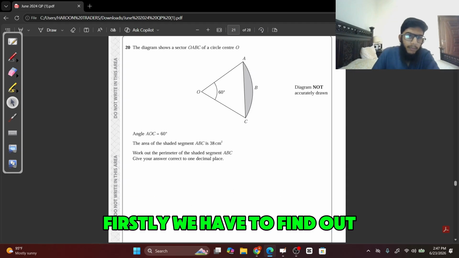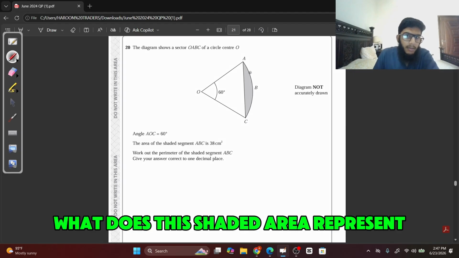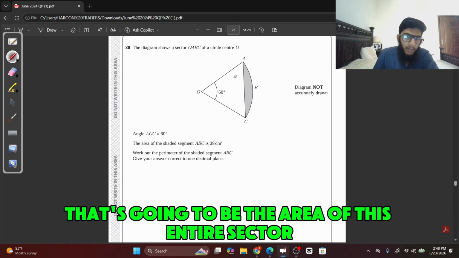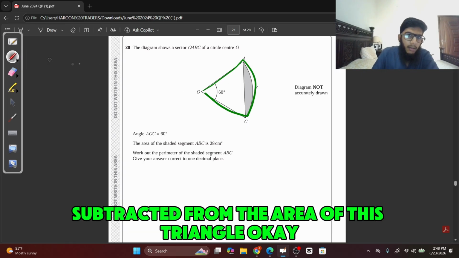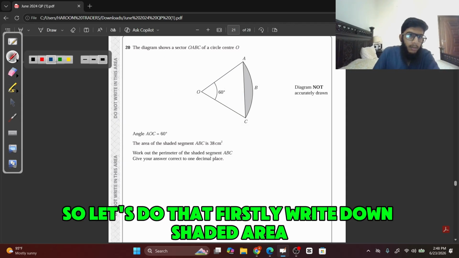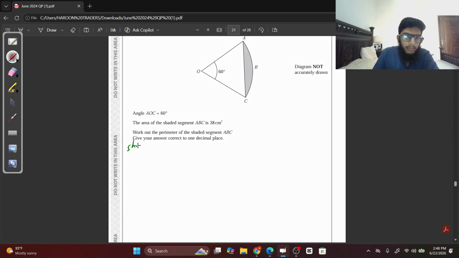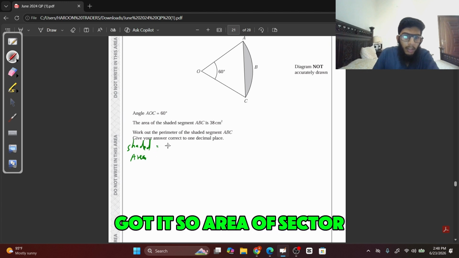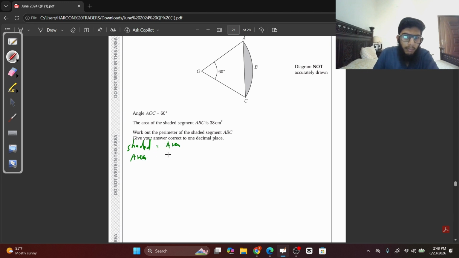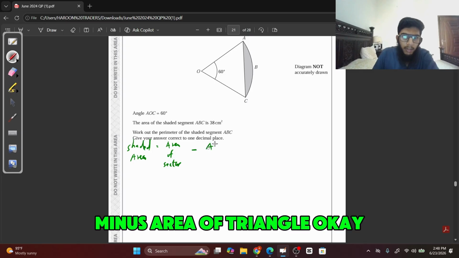Okay. Firstly, we have to find out what this shaded area represents. That's going to be the area of this entire sector subtracted by the area of this triangle. Okay, so let's do that. Firstly, I'll write down shaded area. So area of sector minus area of triangle.